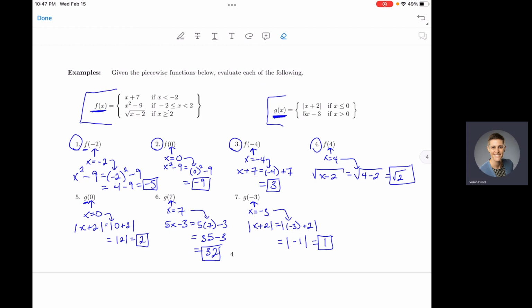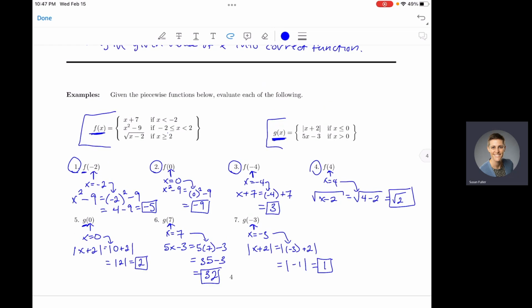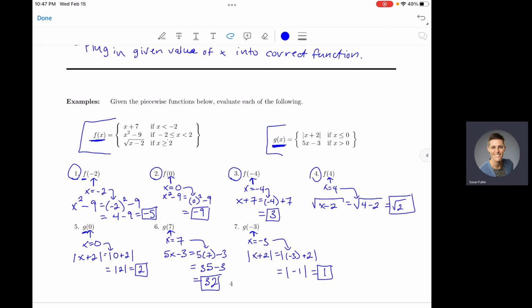So that is how we evaluate piecewise functions. The first thing you need to do is use your given value of x to identify the correct function, and then don't forget to plug in your value of x into the correct function.